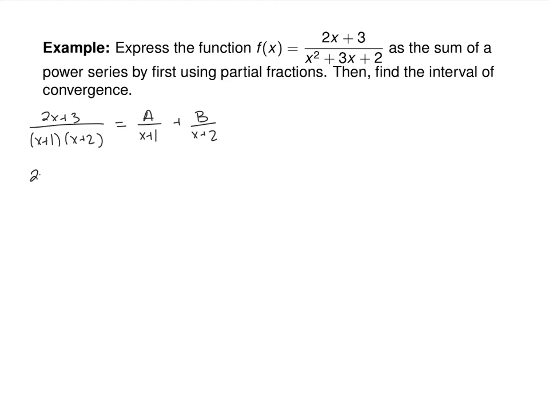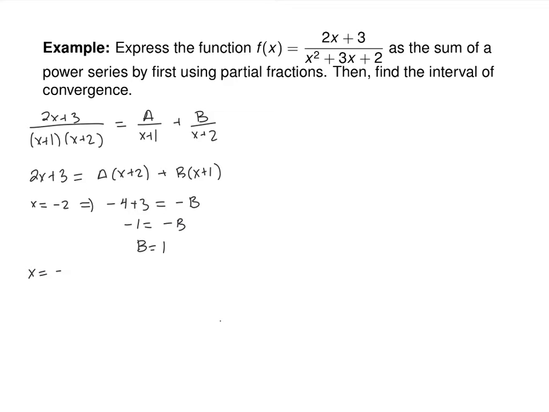Same thing as saying 2x plus 3 equals a times x plus 2 plus b times x plus 1. Now subbing in x equals negative 2, we find that negative 4 plus 3 will equal negative b. Negative 1 equals negative b, therefore b is positive 1.